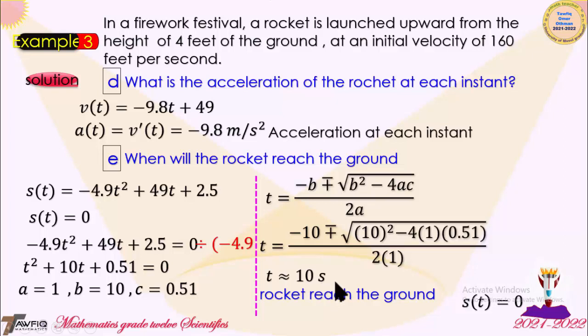One of them is negative. We cannot take it because t can never be negative. Then after 10 seconds, the rocket will reach the ground.